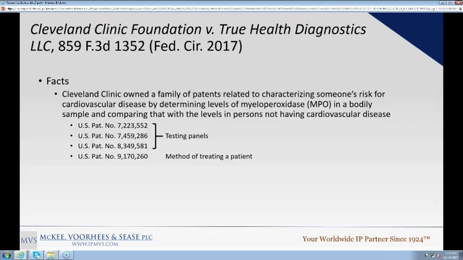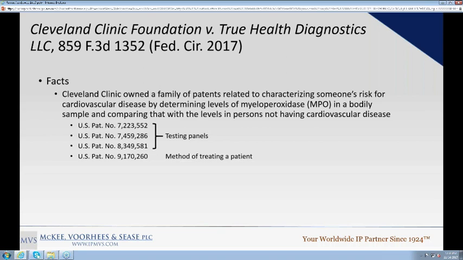So the Cleveland Clinic case, we're going to go in order of when the cases came out. So this is the oldest of the cases from the past 6 months we're going to talk about. Cleveland Clinic owned a family of patents, and they were all highly related patents, and they're dealing with myeloperoxidase and correlating that with the risk of cardiovascular disease.